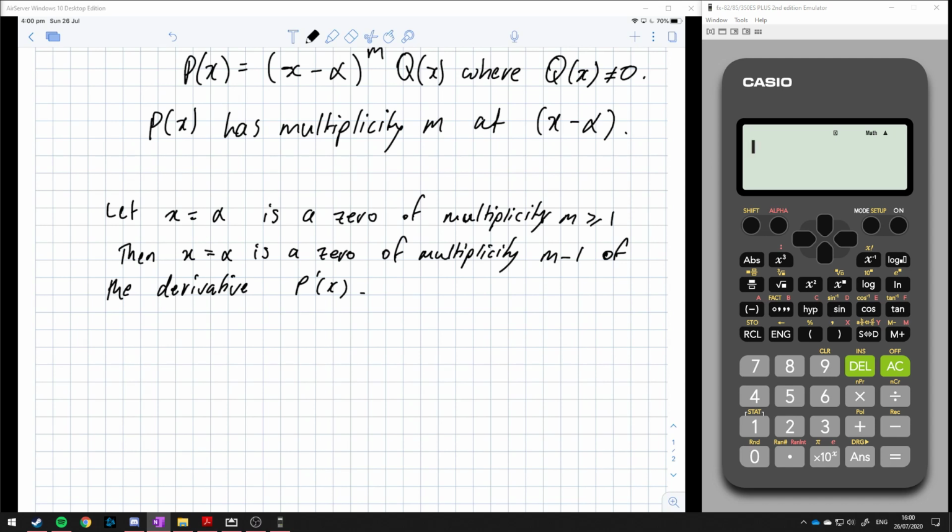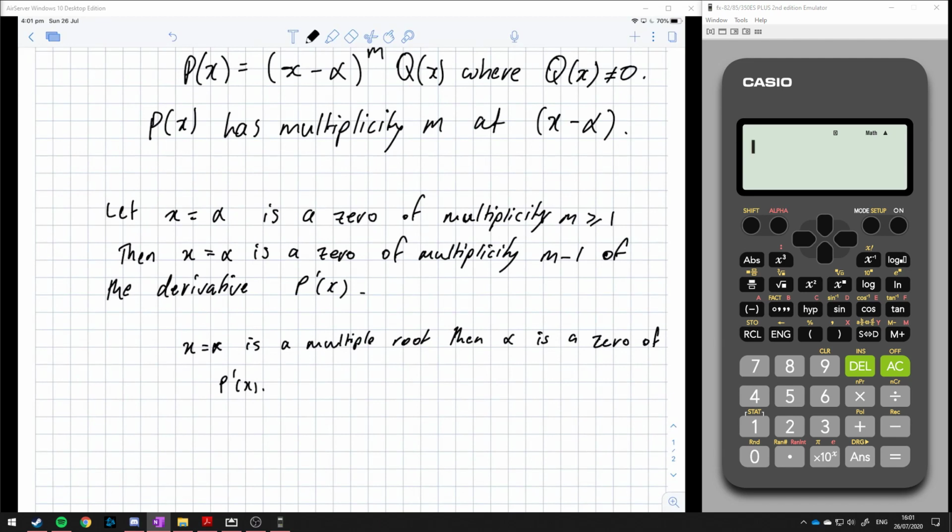So basically, if x equal to alpha is a multiple root, then alpha is a zero of the derivative of p of x. The converse is true as well. If x equal to alpha is a single zero of p of x, then it's not a zero of the derivative of p of x.